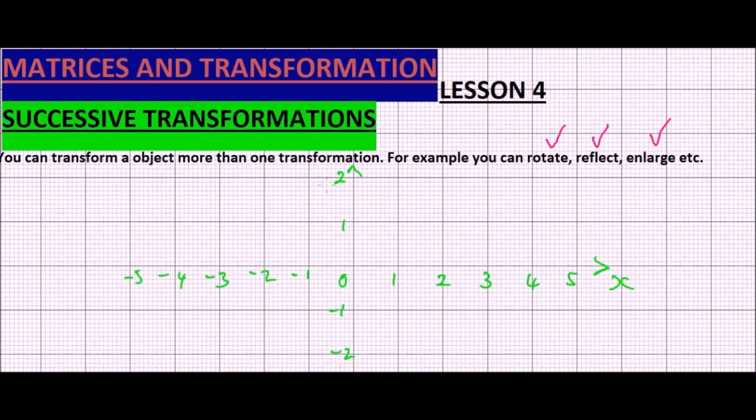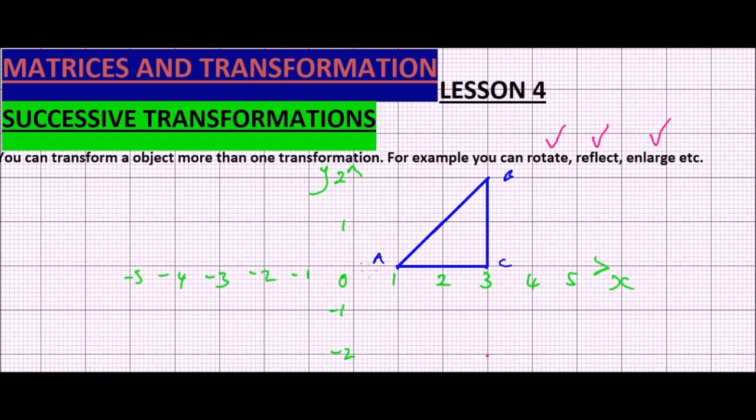This is the y-axis. So we can make our triangle. Let our triangle start from 1, come to 3, 2, and let's say this is our A, this is our B, and this is our C. We are going to join these 3 points to come up with a triangle. So this is our triangle ABC.